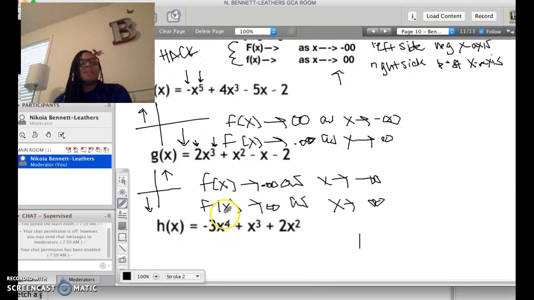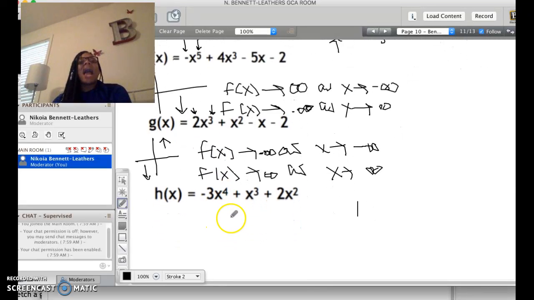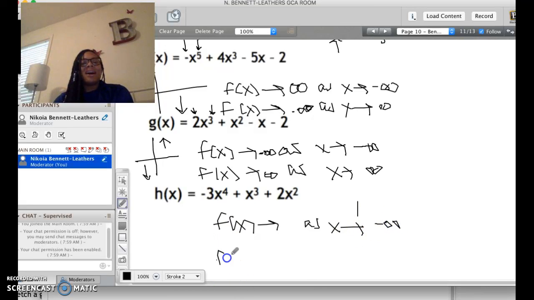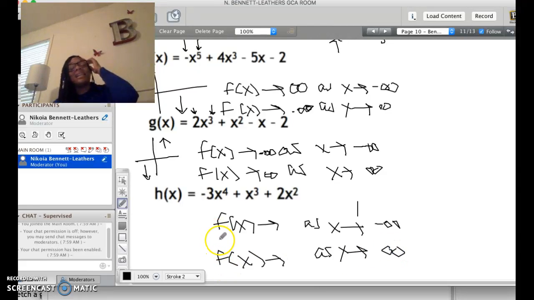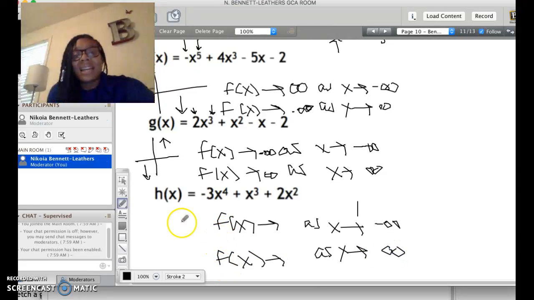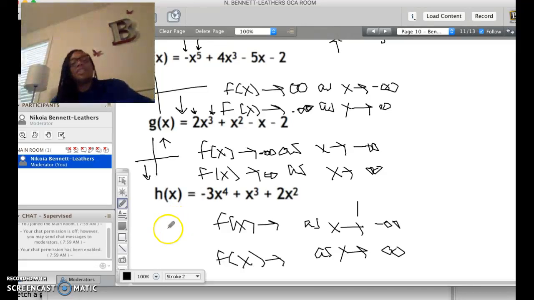Last one, guys. If I'm looking at this one, I write my end behaviors because I know they stay the same. And then I'm just going to think to myself, is it odd or even degree? And is my leading coefficient positive or negative? If I look at this, I notice this one is negative.